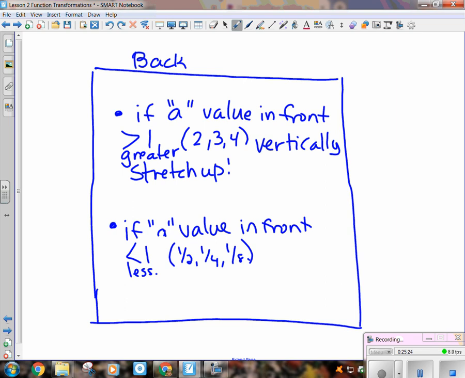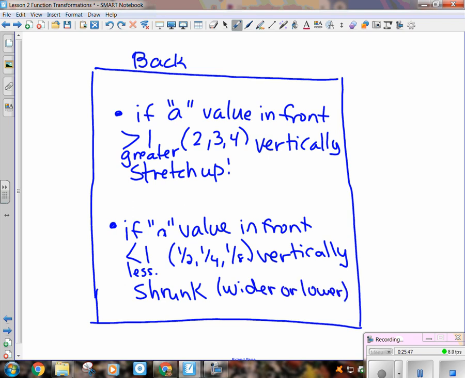Then this would actually be vertically what? It would be vertically shrunk. It's going to look lower. Vertically shrunk. It's going to get wider or lower. Wider or lower, so I got to put that in.